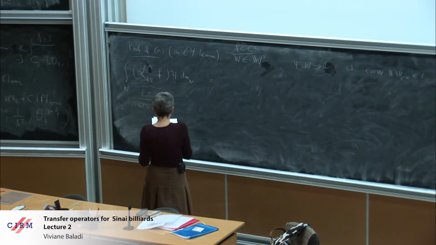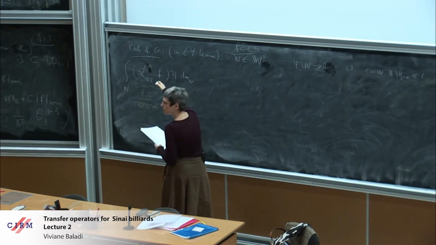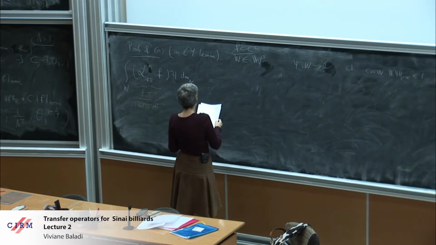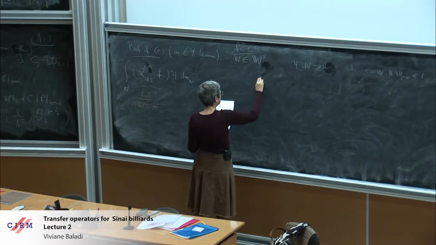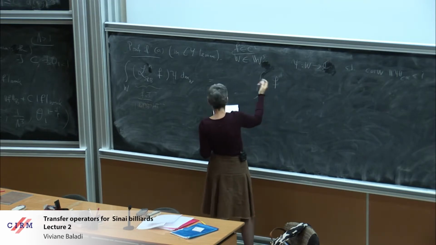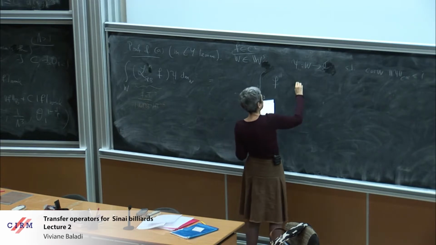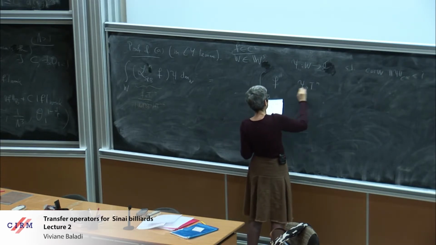So I'm going to change variables on this little curve. And what do I do when I change variable? Well, F composed with T minus N becomes F. Psi becomes psi composed with Tn.